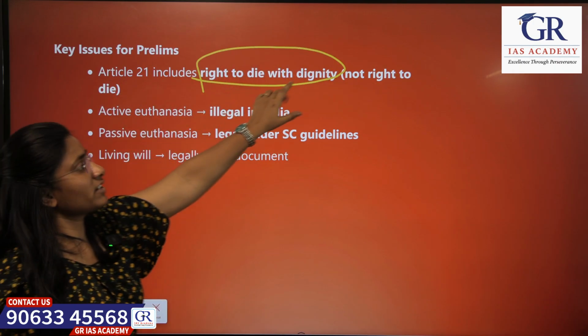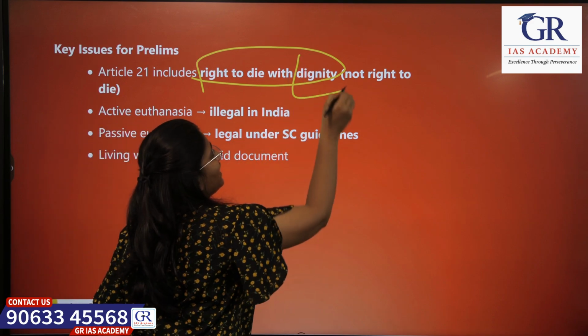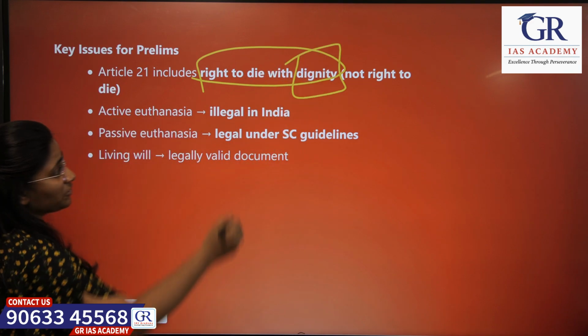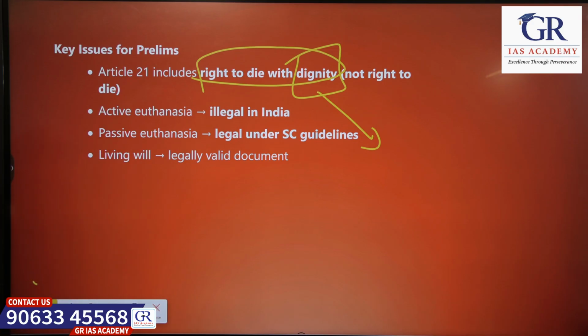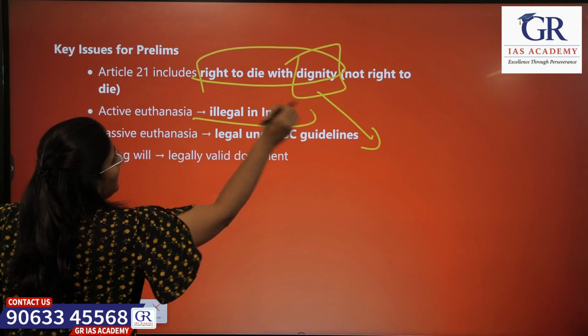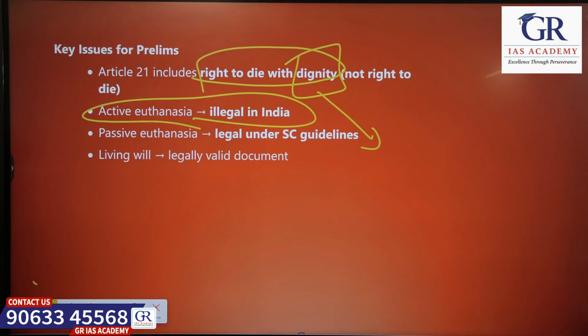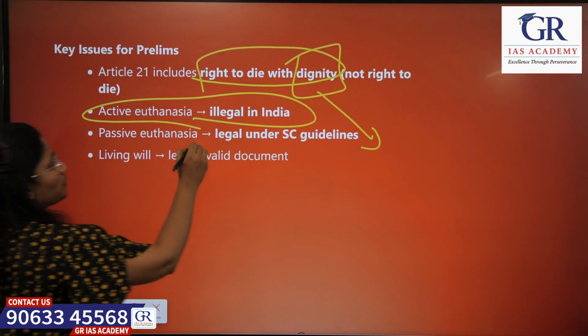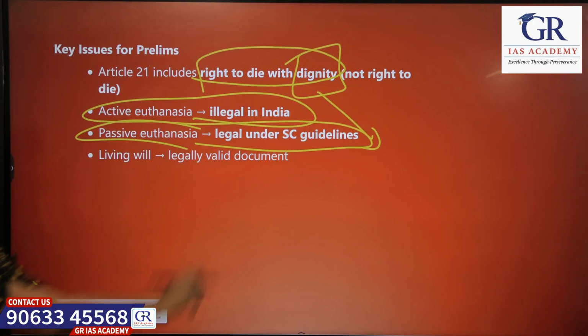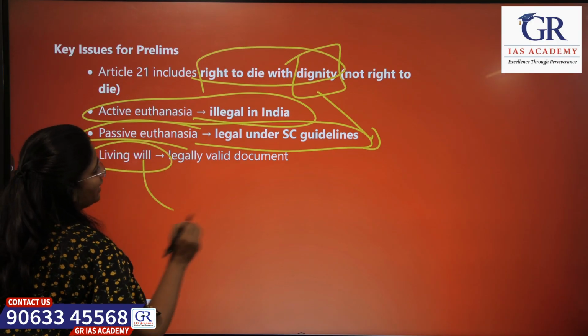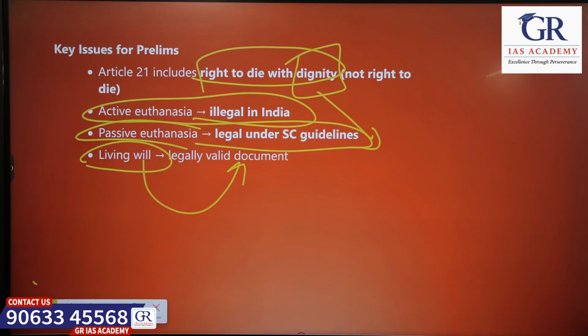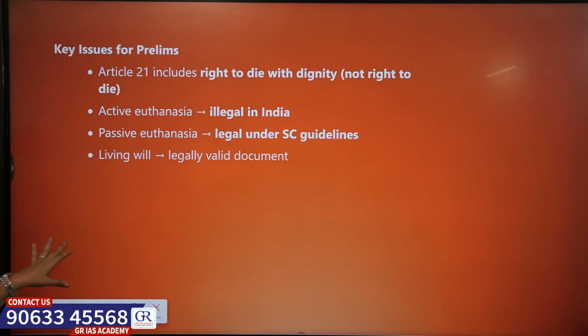The key word is right to die with dignity. Okay, without this, only right to die will be wrong, and it is illegal in India if it is active euthanasia, legal under Supreme Court guidelines if it is passive euthanasia. And we have just told that living will is a valid document, okay, given by the Supreme Court.